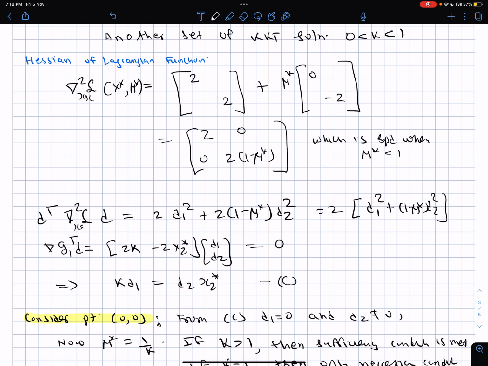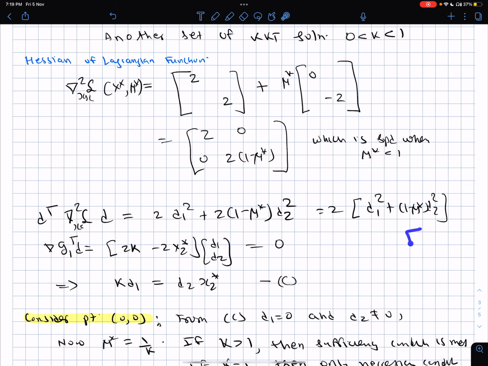Okay. Now let's evaluate, because we will have to calculate d transpose Hessian times d. So if you put d1 d2 here and d1 d2 here, you will simply get 2 d1 squared, because it's a diagonal matrix, very straightforward, plus 2 into 1 minus mu star d2 square, which is the same as, taking 2 common, d1 square plus 1 minus mu star into d2 square.